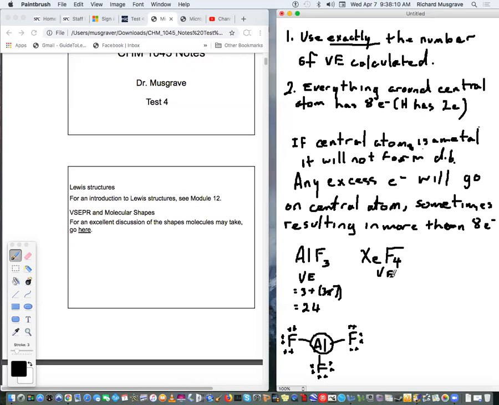So for XeF4, Xe is in group 8 and fluorine is in group 7. So that's going to be 36 electrons.